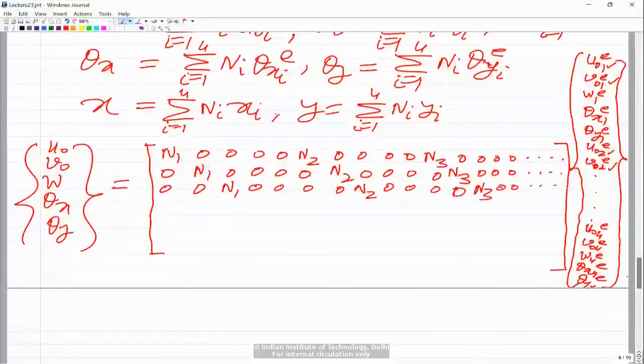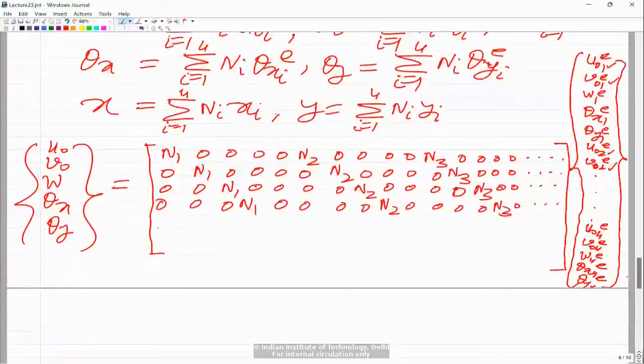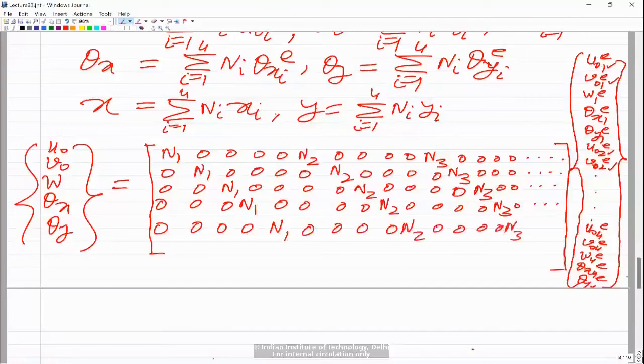And then theta x is coming in the fourth location, and ninth location, and so on. So in the fourth location we put 0 0 0 N1, 0 0 0 N2, 0 0 0 N3. And then theta y is coming at the fifth location, 10th location. So we put 0 0 0 0 N1, 0 0 0 0 N2, and so on. So like that you can complete this interpolation matrix H.